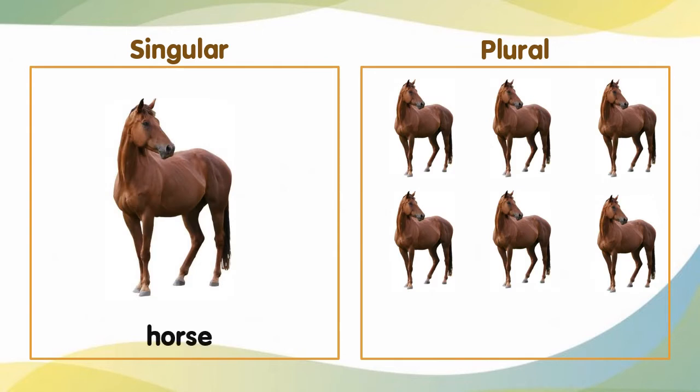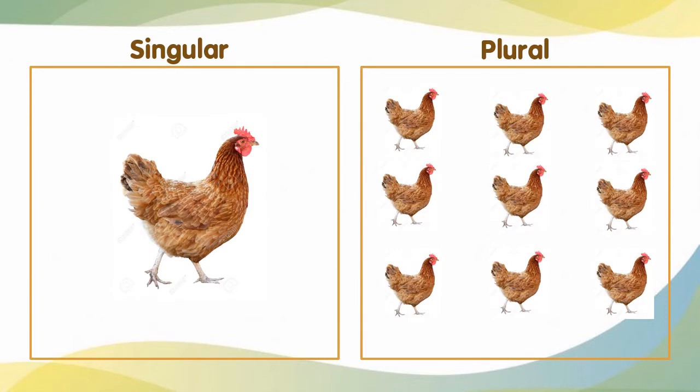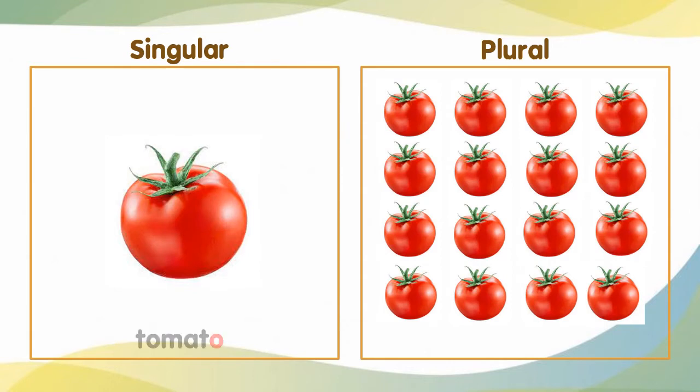Horse, horses. Chicken, chickens. Tomato, tomatoes. Plurals of words ending in O are usually made by adding es.